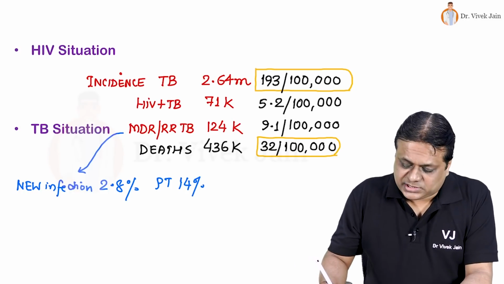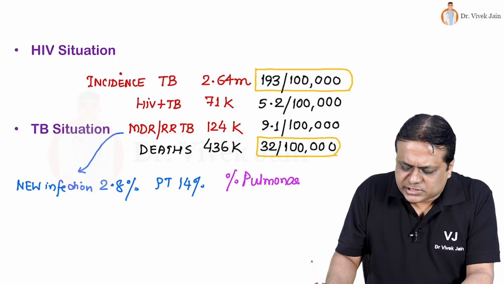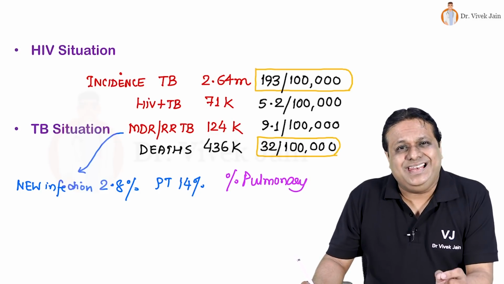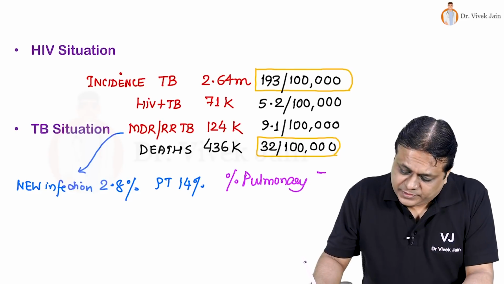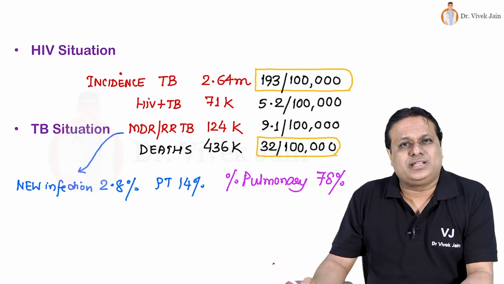When we look at percentage of pulmonary cases out of all TB cases in our country, they still lead the pack with around 4/5 or 78% of the total cases.